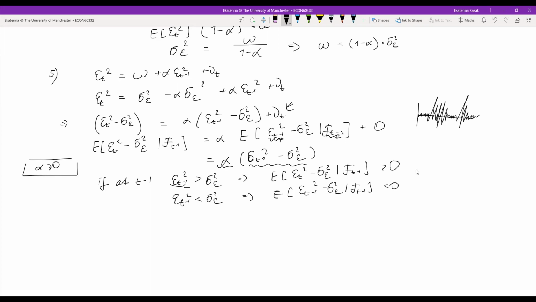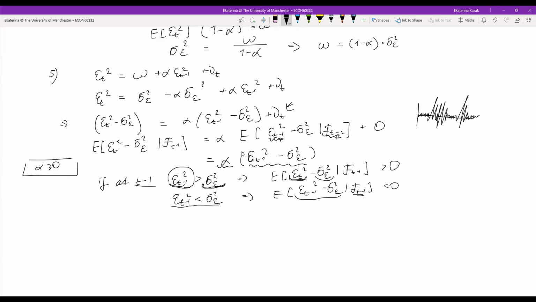So what does it mean intuitively? If at time period t the shock, the squared return, was larger than its unconditional expectation, then we would assume that the next period the squared return will again be higher than what it is expected to be unconditionally. Similarly, if the volatility is below its average level, then we would expect that the next period we would again have a calm market.